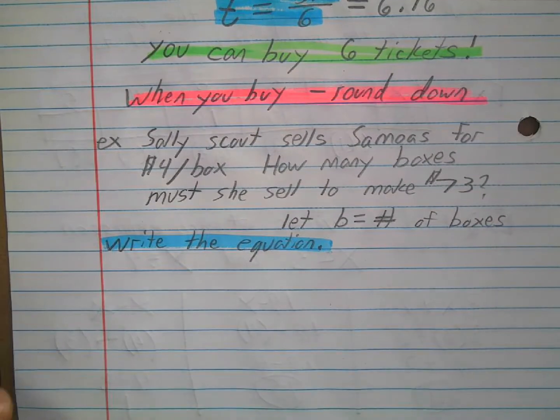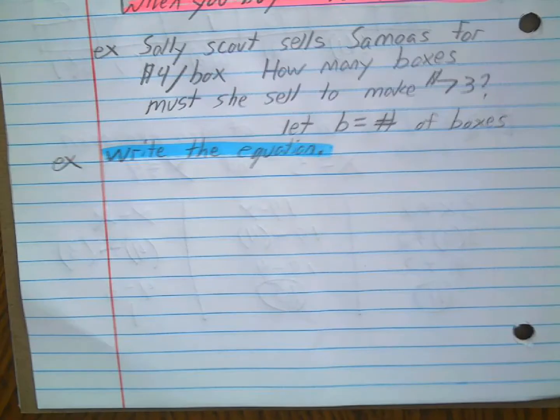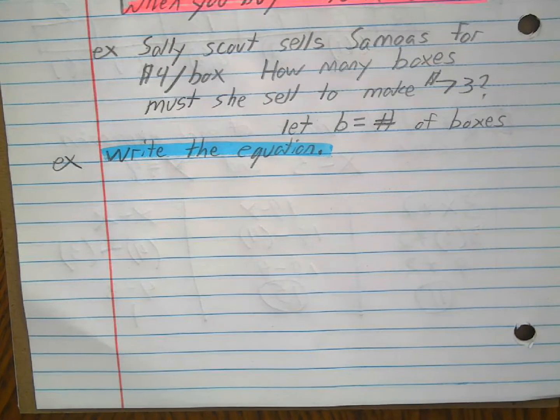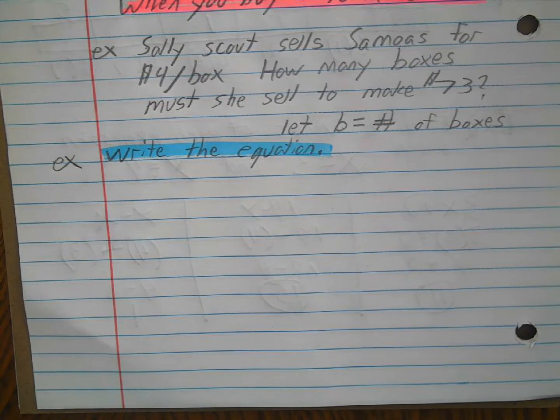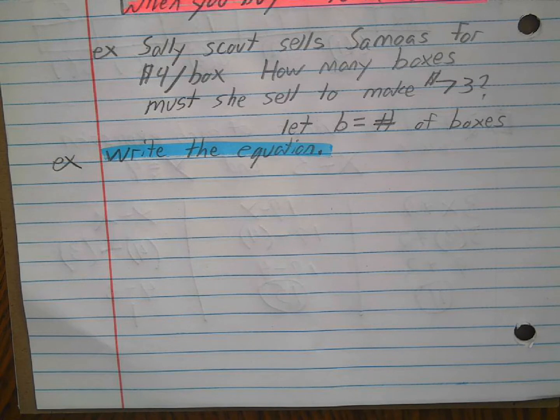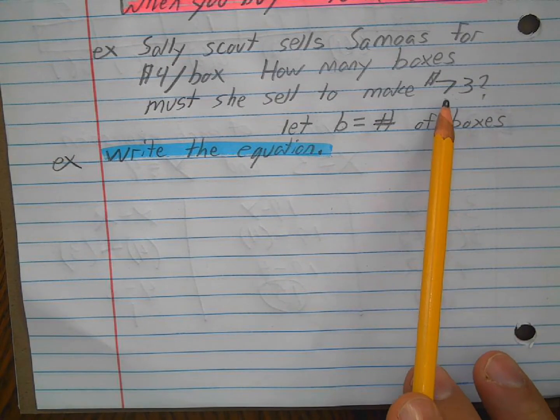Now, our last example that we're going to be writing today is going to deal with Sally. Sally is a scout, and she sells Samoas for $4 a box. So if I have $73, how many boxes must she sell? Oh no, how many boxes must she sell to make $73? So she's trying to sell here. We're not buying anymore.